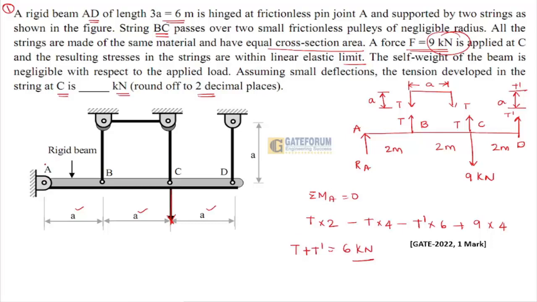Now when I take a beam ABCD, it is rigid and it will remain straight. So if the deflections are in this way, this is the condition: A, B, C, D. So here I can write delta B by 2 is equal to delta C by 4 is equal to delta D by 6.